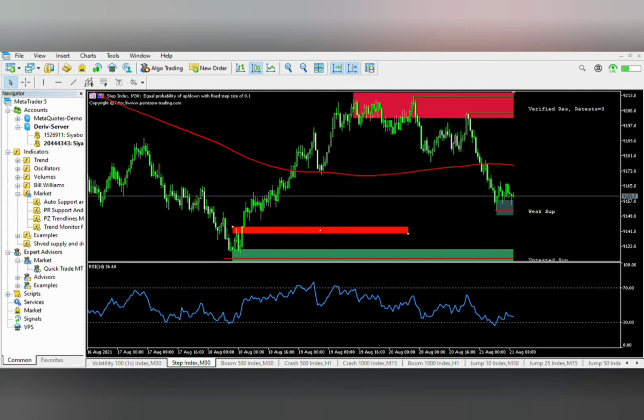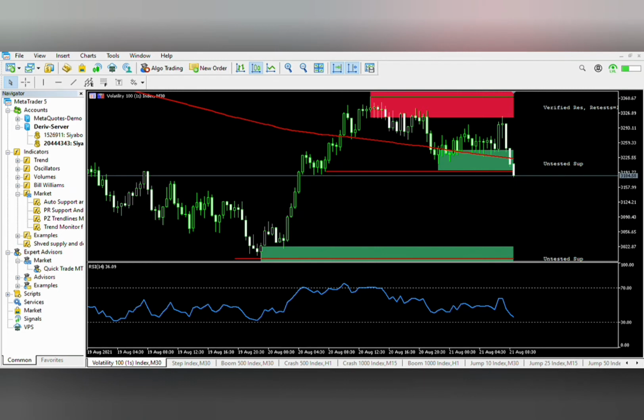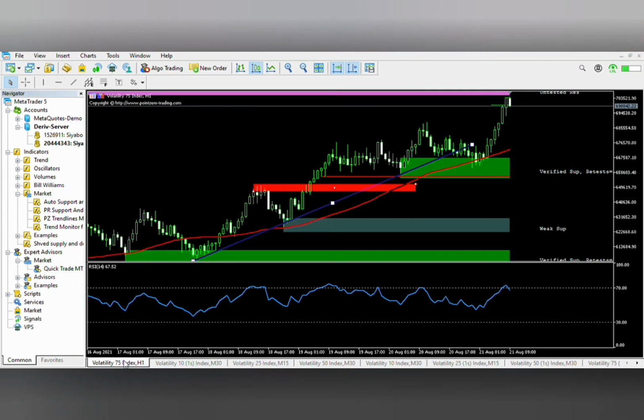It is a simpler way to look at the market, especially for beginners, if you are looking for the break of higher highs and the break of lower lows. If the higher high is broken, we are looking for buy opportunities.